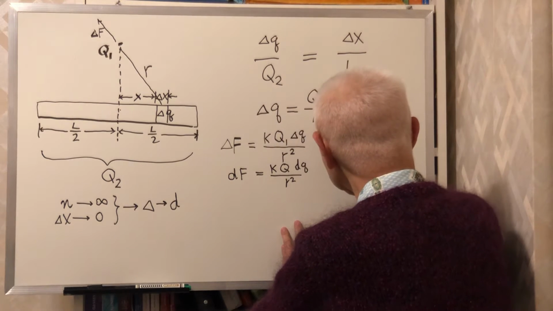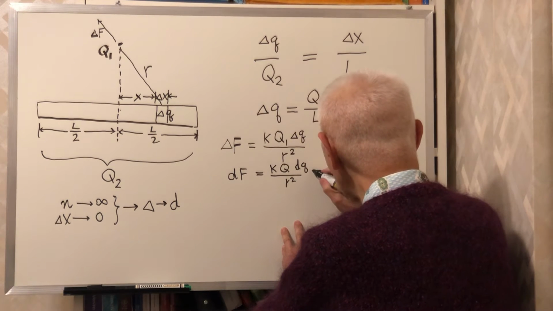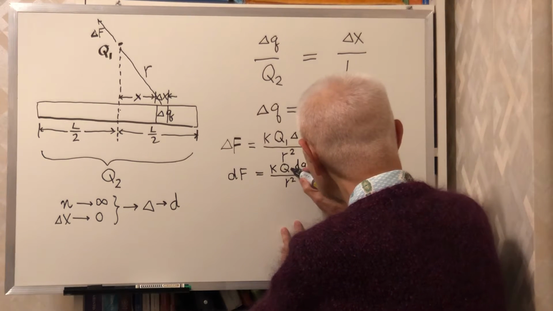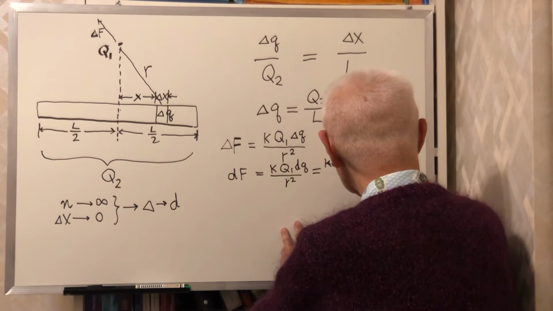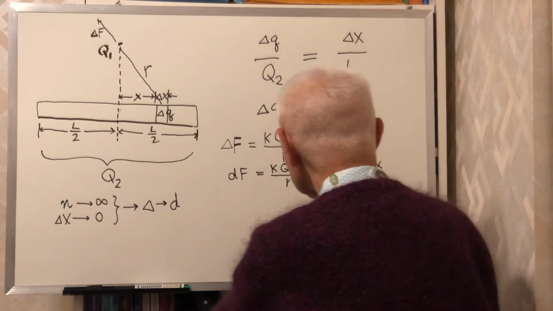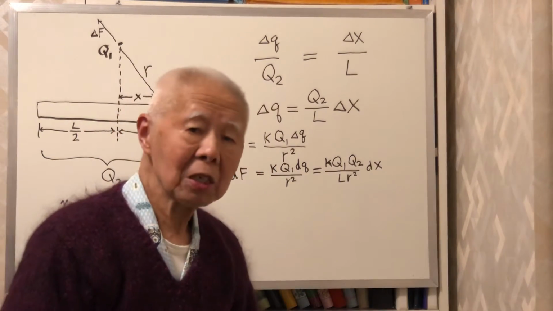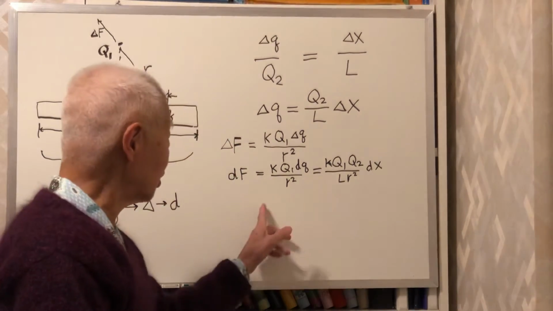Delta q is this. Therefore, I can rewrite this: Q1 times Q2 over L, I put L below, and delta becomes d when delta x approaches 0 and N approaches infinity.